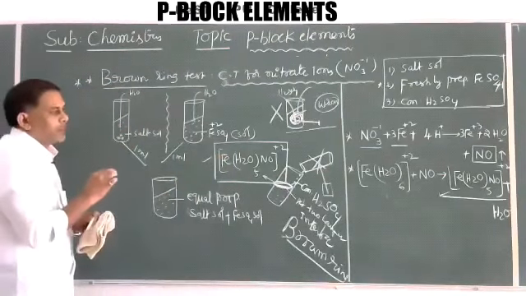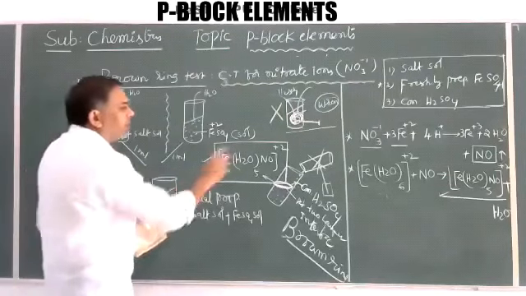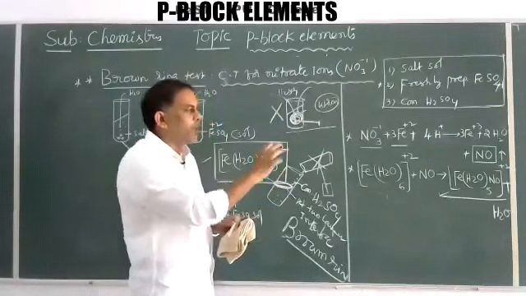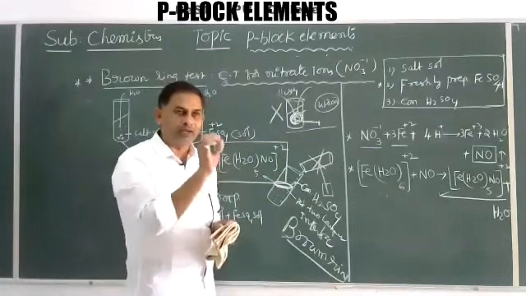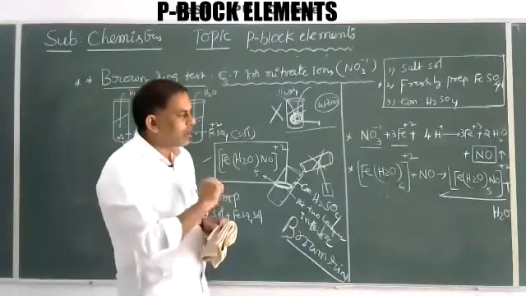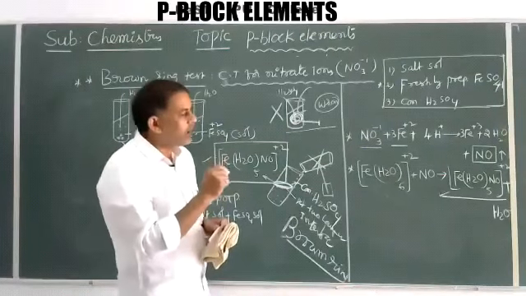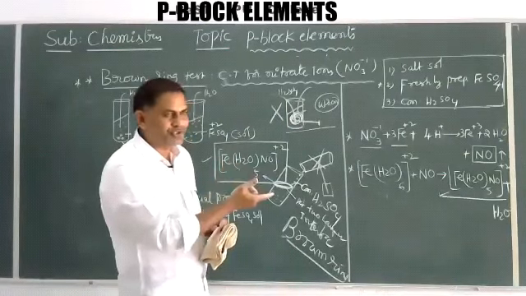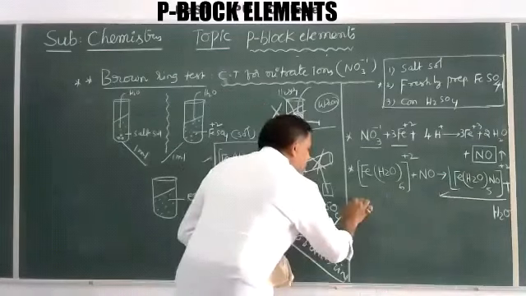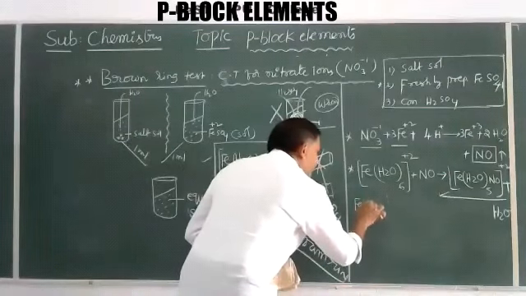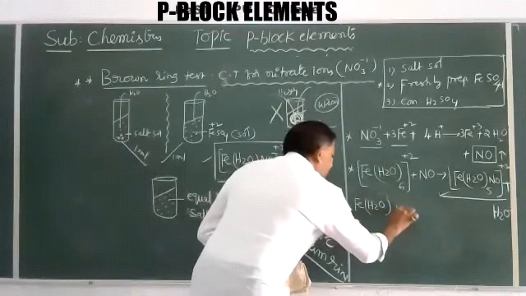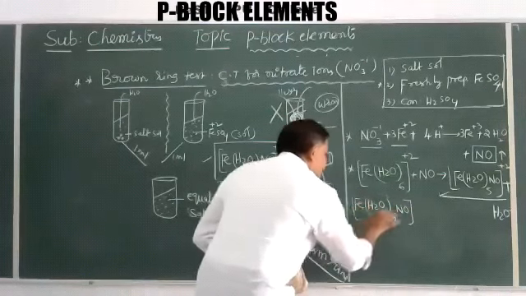Now after this complex formation, there are so many chemical reactions and so many complex compounds in inorganic chemistry, in coordination compounds. It is one of the most important chapters, where I will explain IUPAC names, rules and regulations, and how to find the oxidation state. Anyhow, for this I will write the full complex, that is Fe(H2O)5NO 2+.